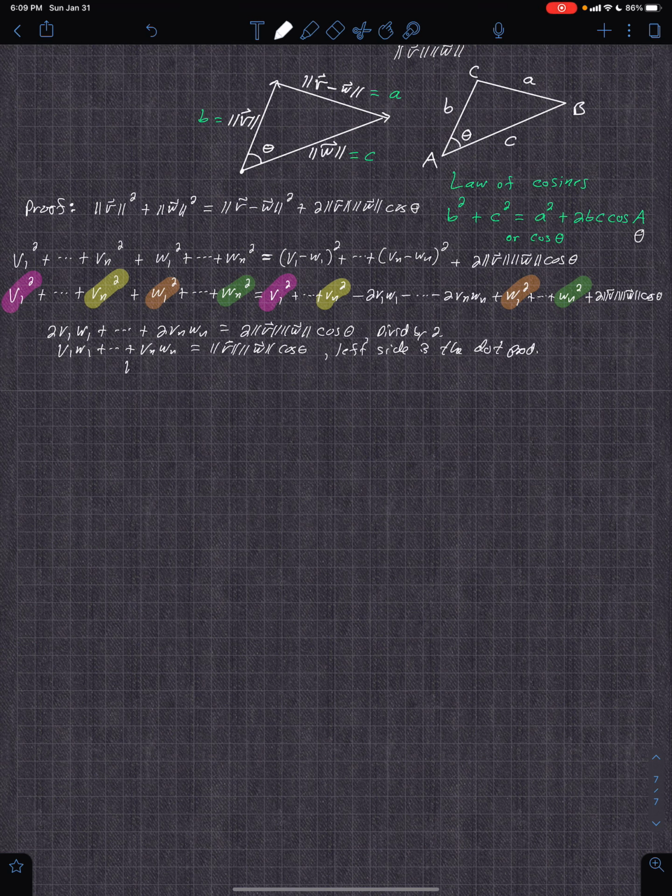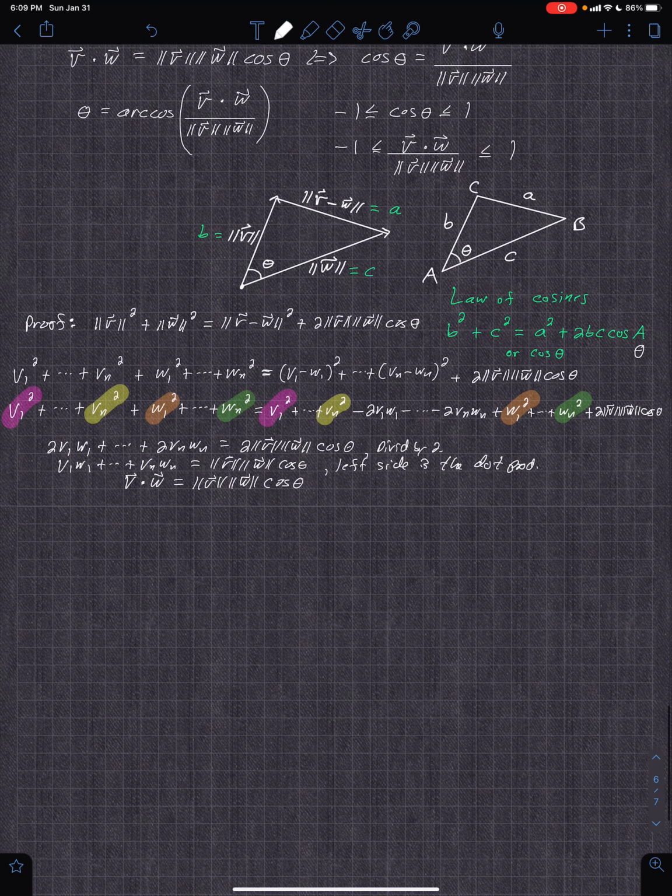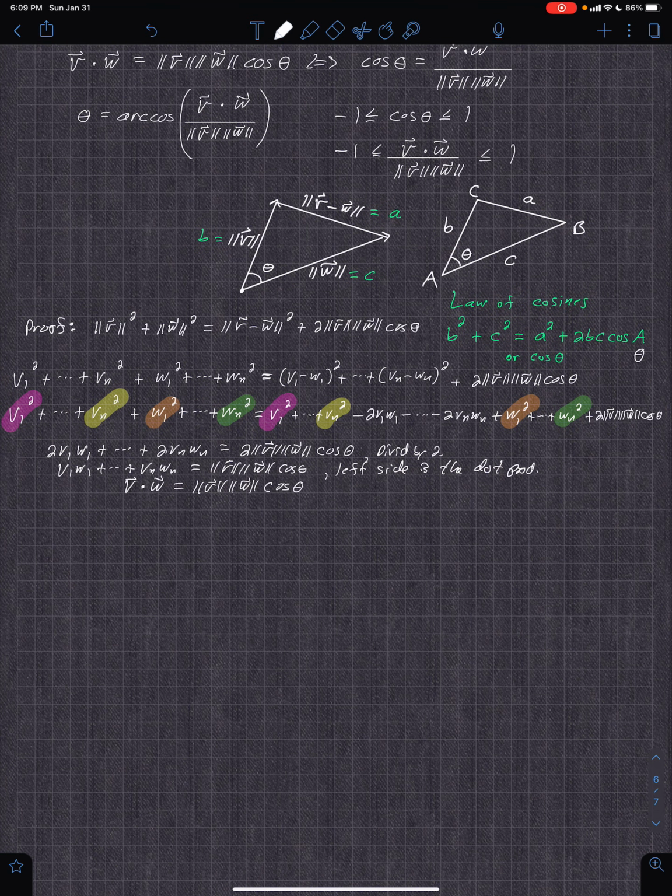And so you just get V dot W by definition equal to magnitude V, magnitude W, cosine theta. All right, so we're going to use that in a number of ways. We'll do an example here first and then move on to a couple important theorems.